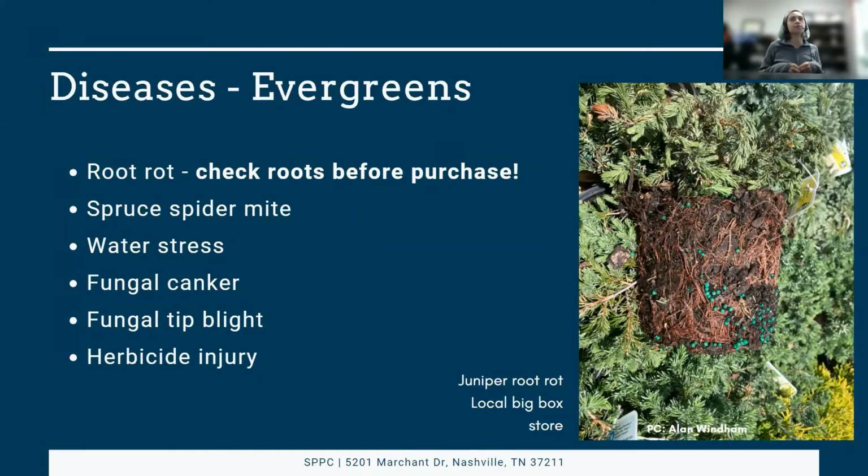And this stresses the plants out. So making sure that we're planting them far enough apart from each other that they're not competing for light, for water is important. And water stress can also be too much water. So too much water in the landscape can cause these plants to be more susceptible to root rotting pathogens.